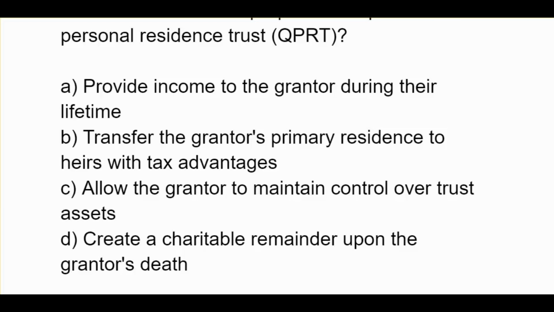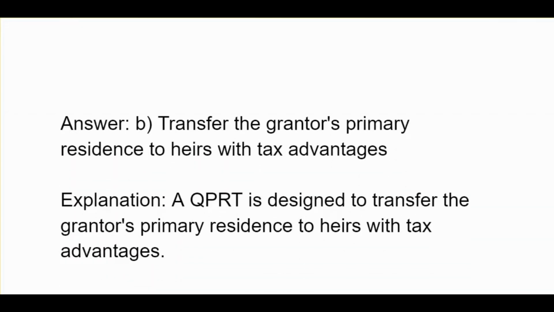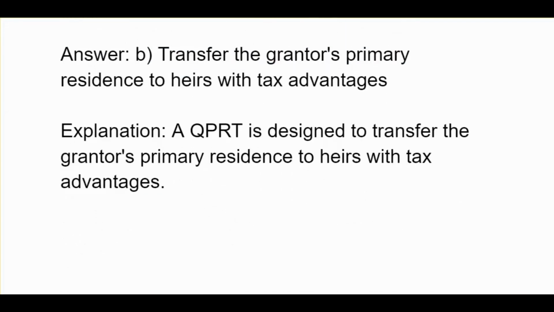D. Create charitable remainder upon the grantor's death. B. Transfer the grantor's primary residence to heirs with tax advantages. A QPRT is designed to transfer the grantor's primary residence to heirs with tax advantages.